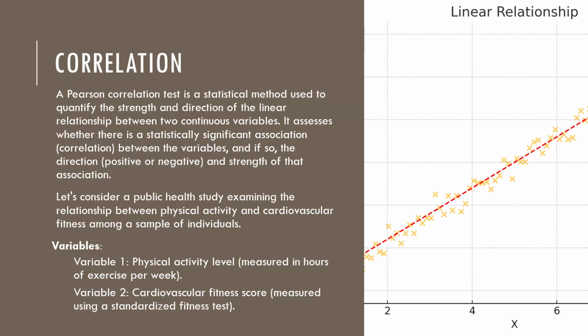The correlation does imply that both of the variables are continuous variables, not categorical variables. In this example, we're looking at physical activity level and a cardiovascular fitness score.